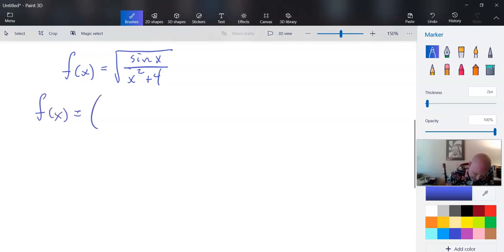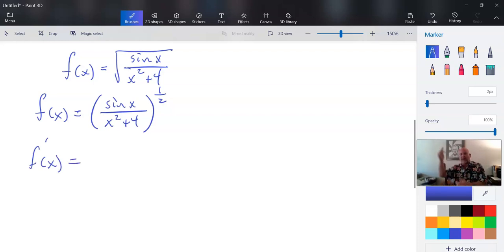Okay, so I'm going to look at this whole thing this way. Sine x over x squared plus 4, right? And I'm going to raise it to the 1/2 power. It's just easier to use a power rule when you're dealing with this. So the derivative of the outside, if I want f prime, is just the power function, right? It's u to the 1/2.